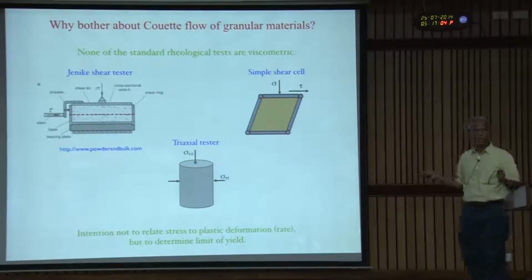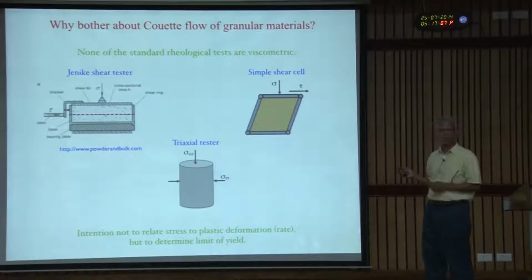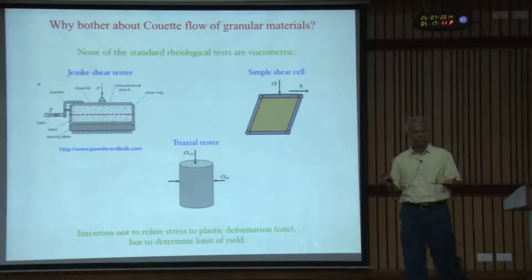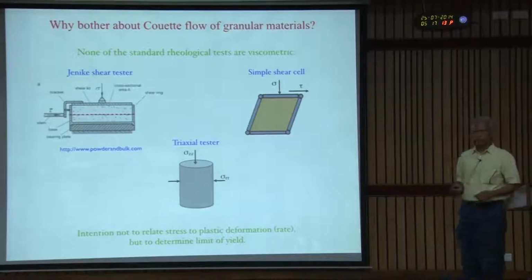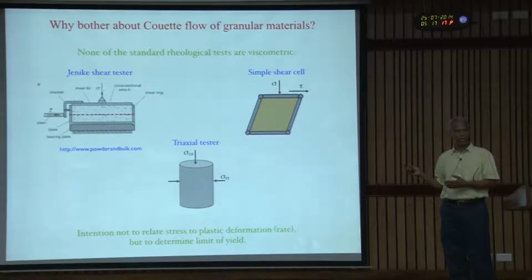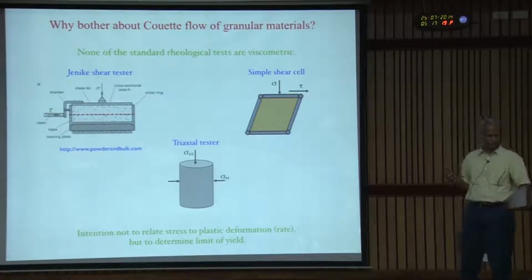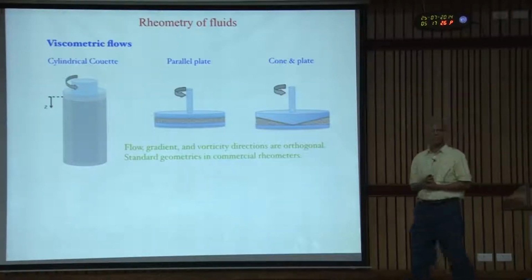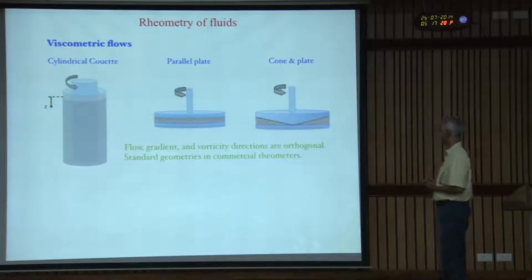Whereas if you are in a process industry, flow is important. Even though you have a material that has a certain yield stress, it does flow beyond the yield stress, and a lot of people are interested in the flowing regime. And for the flow regime, these are not such useful testers, and that's why we use a cylindrical Couette cell.